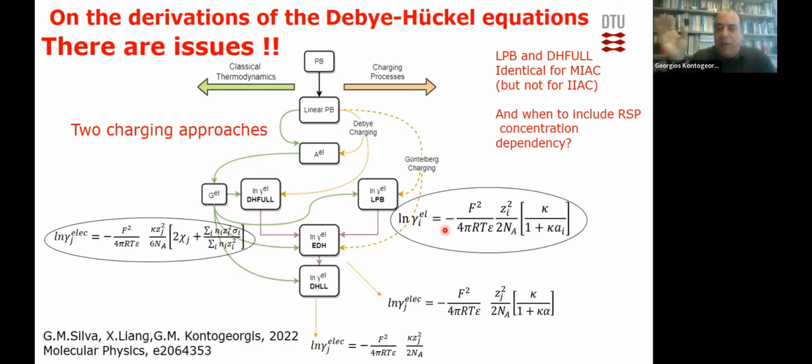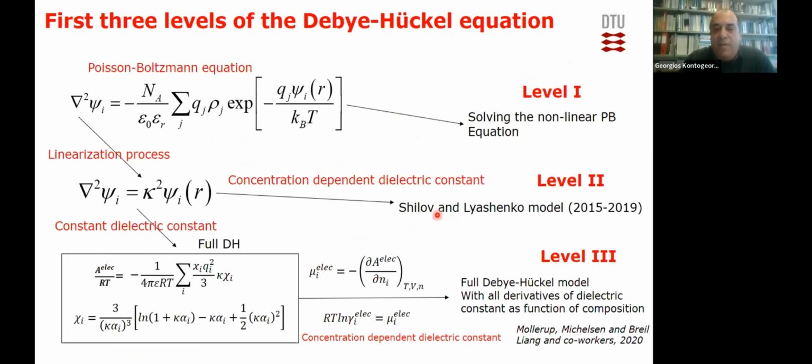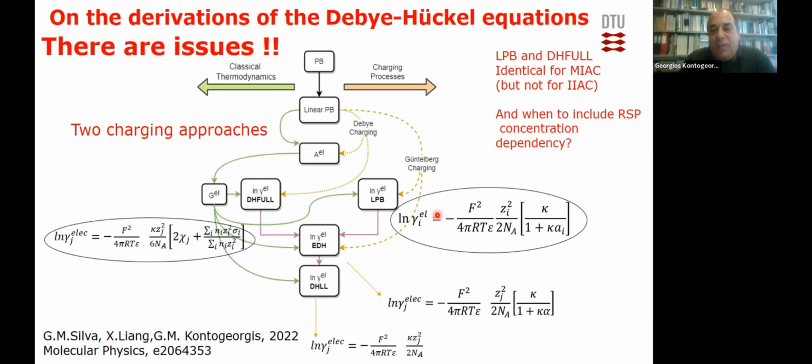They look very different, but actually in reality, for the mean ionic activity coefficients, they are identical. They are not identical for the individual ions, but if you write them for the mean ionic, they are identical.